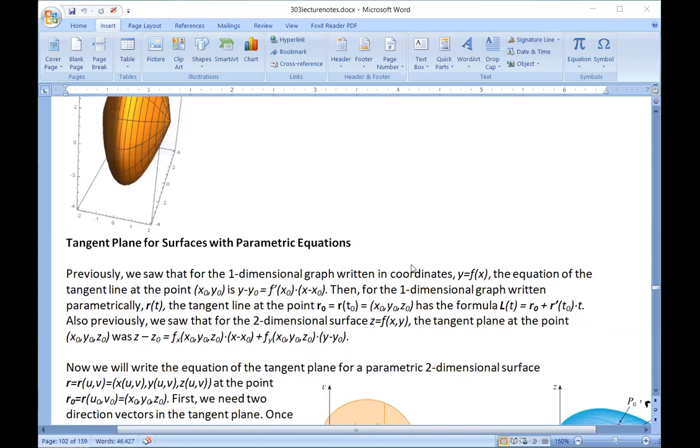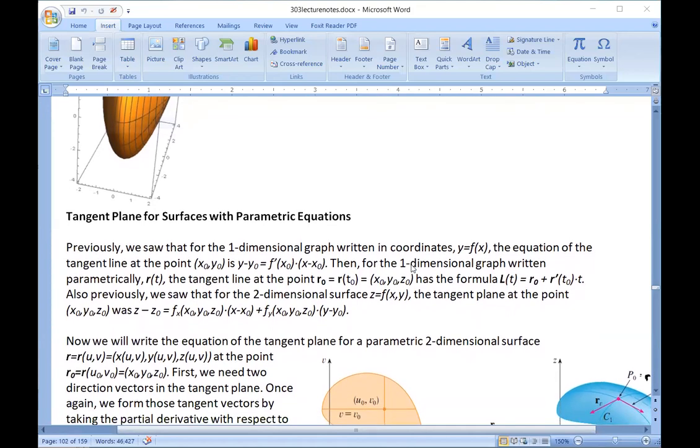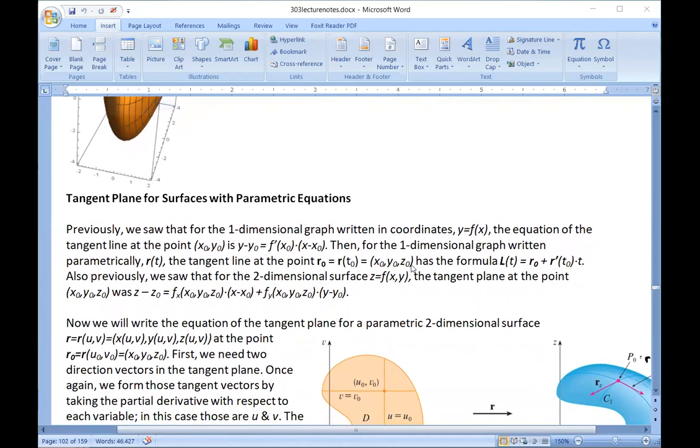Okay. So what do we need in order to describe this tangent plane? We've talked about this a little bit previously, you're going to need two direction vectors in the tangent plane. And as we've done previously, we form those tangent vectors by taking partial derivatives with respect to each variable.